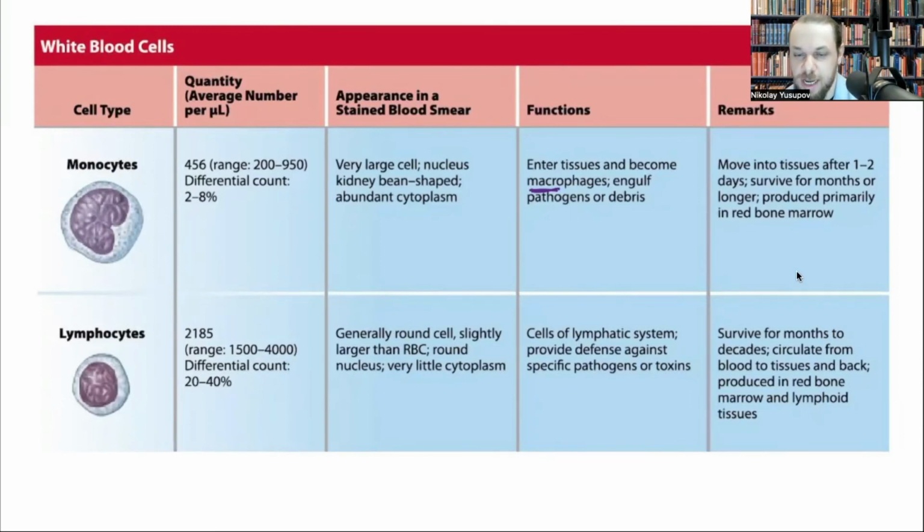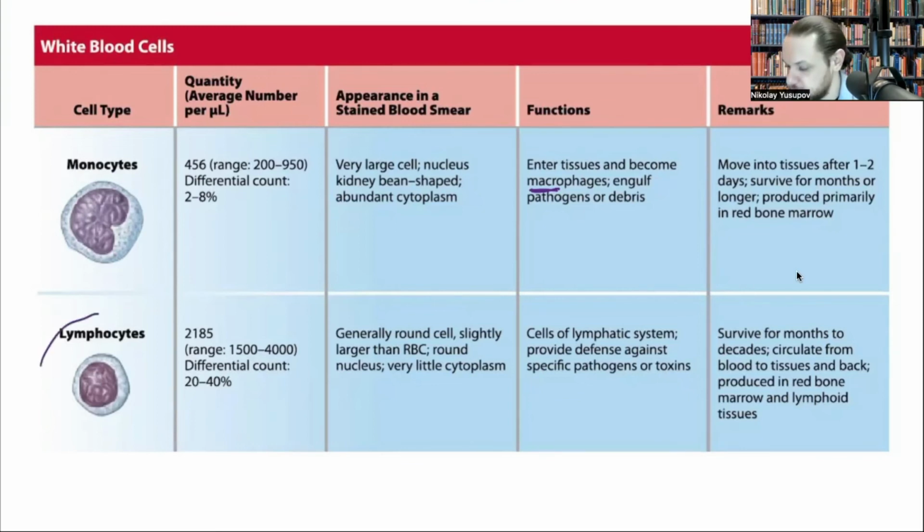After they engulf the pathogen, they can present it to the immune headquarters and say, listen, we got this new pathogen that came in, we would like to make antibodies against it. With the assistance of the lymphocytes, they will help to make more antibodies.